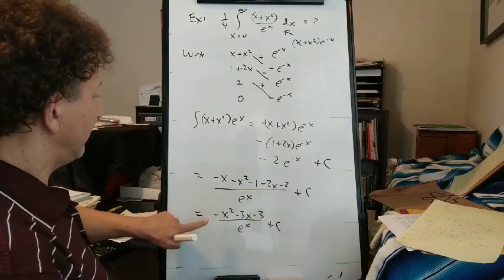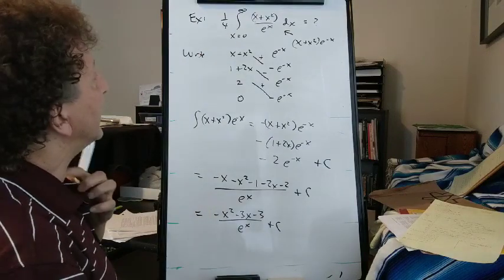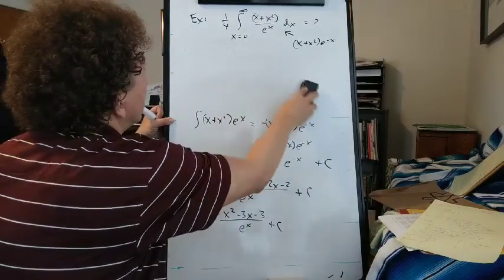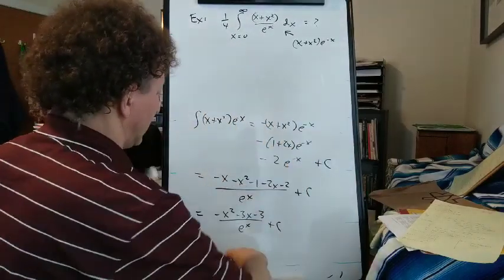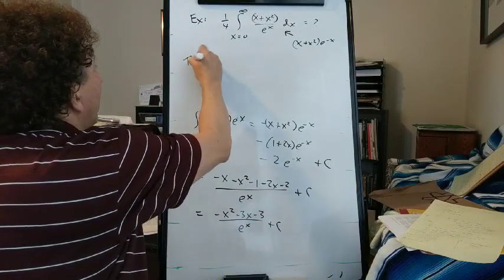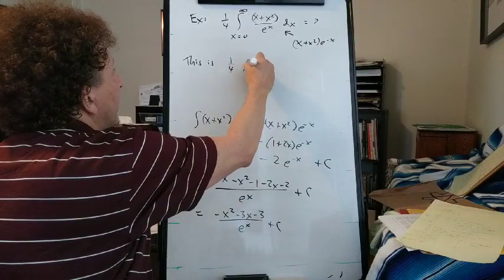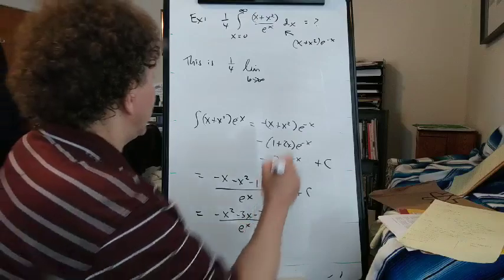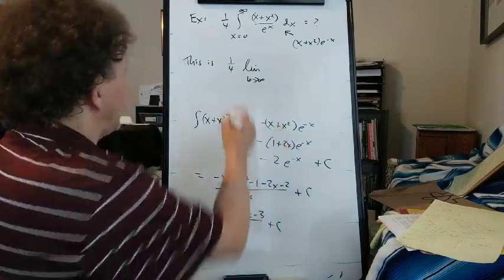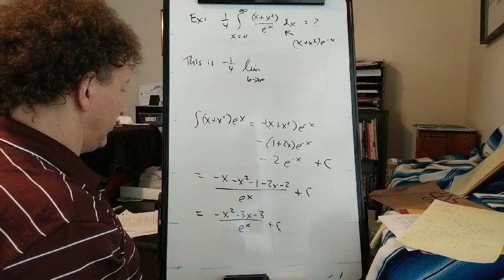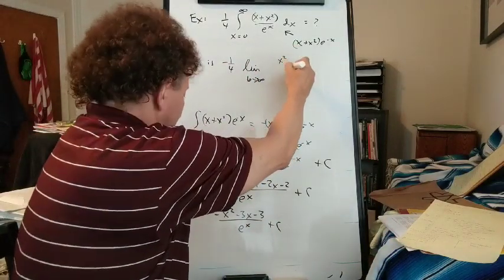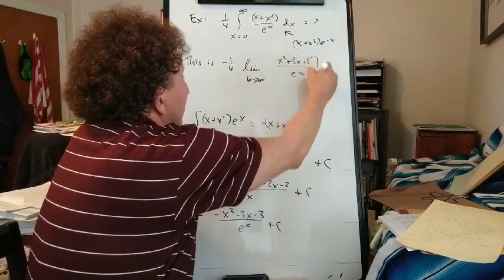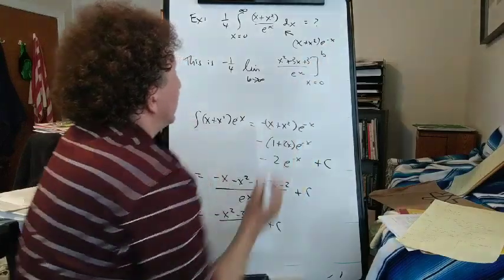All right, now we want to multiply this by 1/4 and take the integral from 0 to infinity. So this is 1/4 the limit as b goes to infinity of, let me write minus 1/4 and get rid of these minus signs, x squared plus 3x plus 3 over e to the x as x goes from 0 to b.